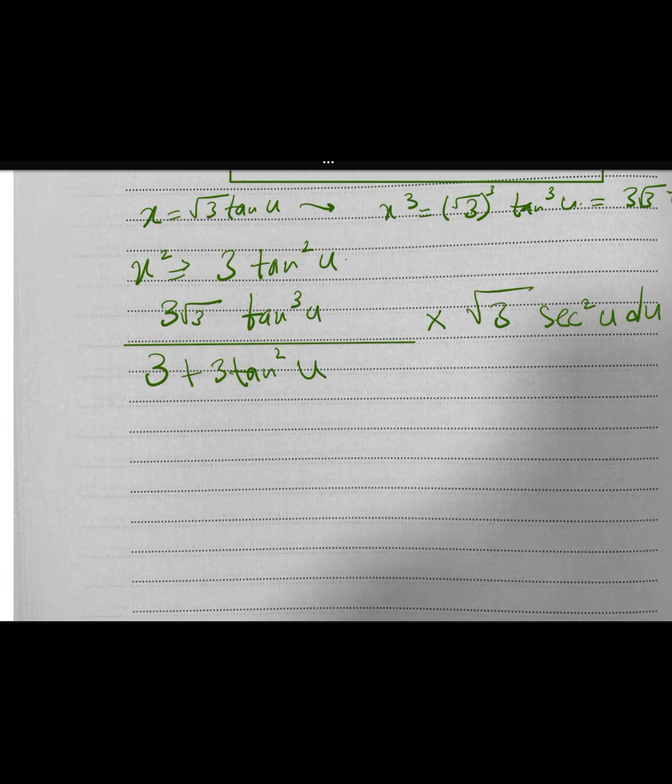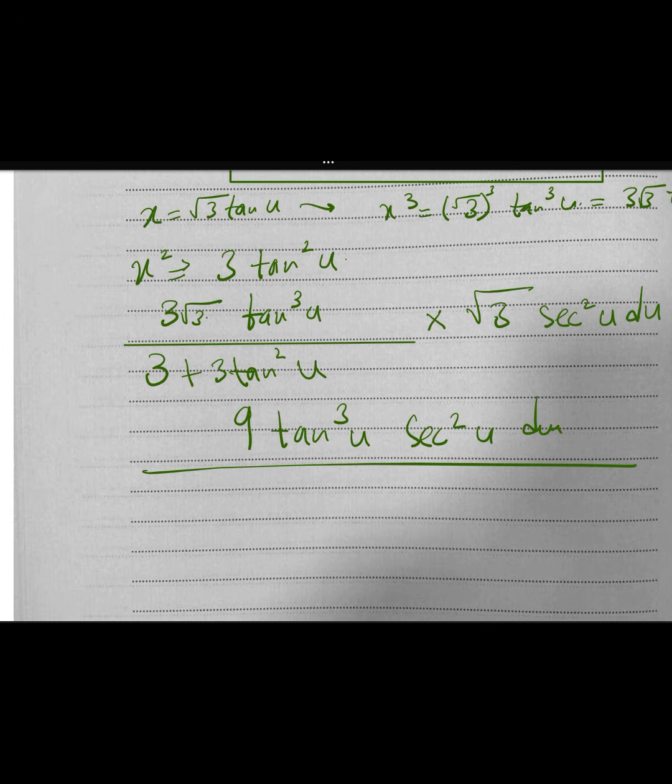Finally, we can multiply this root 3 by root 3, so it will become 3 root 3 into root 3, which will become 9, so it will be 9 tan cube u secant square u du divided by 3, so we can take 3 common here and then we can write 1 plus tan square.